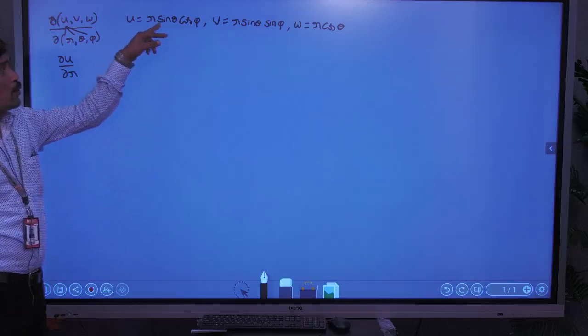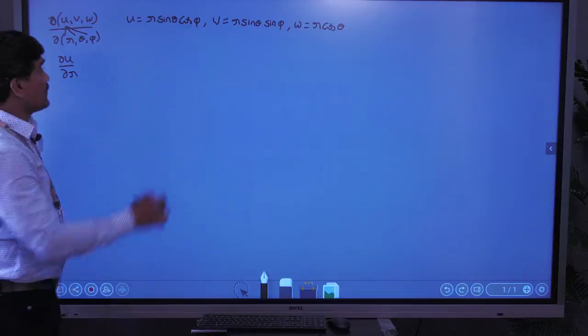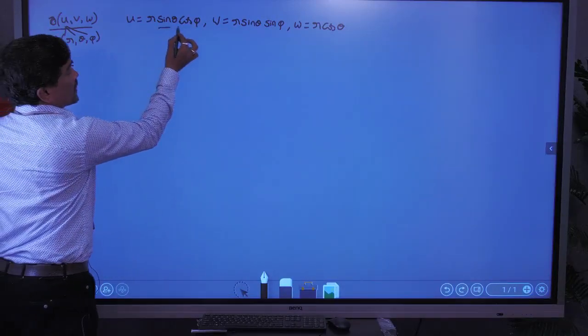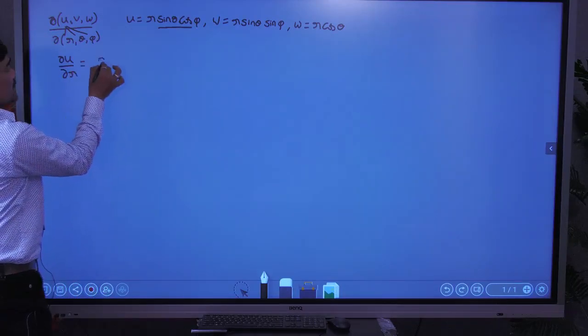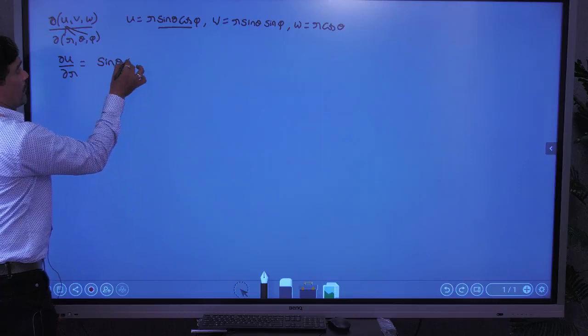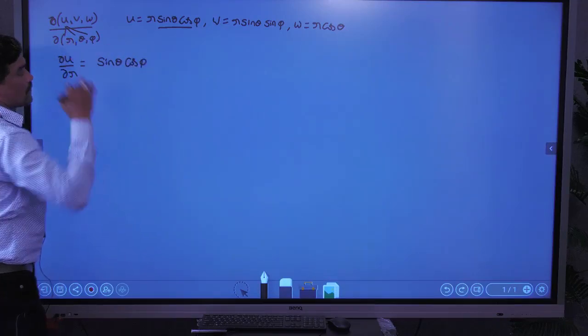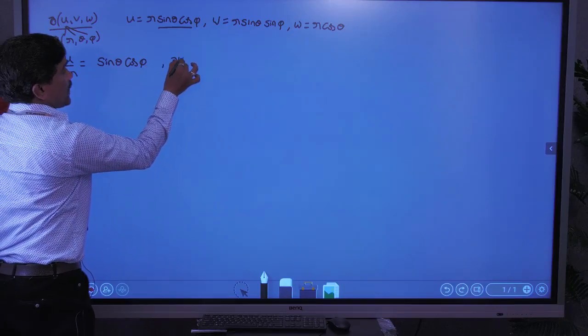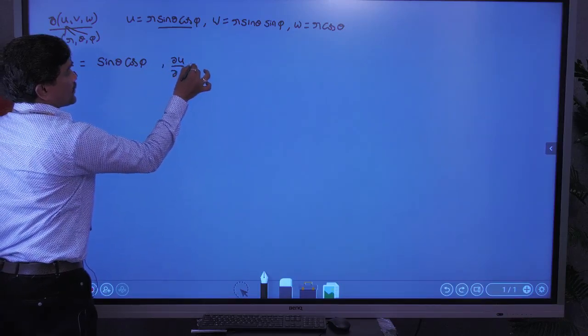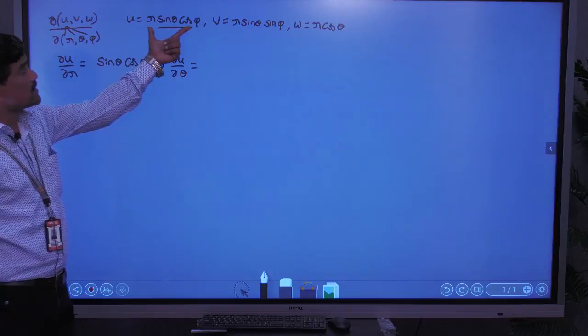Now ∂u/∂r, with respect to r. The function sin θ cos φ is constant, so we write that as it is. Now the derivative of r is 1, right? So that is ∂u/∂r. Next ∂u/∂θ. With respect to θ, cos φ is constant.